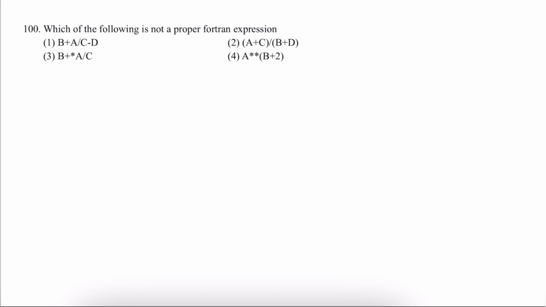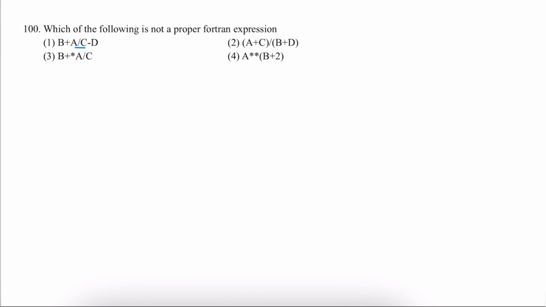In this question, option 1: first a by c is evaluated, then addition with b, and finally the result so far is subtracted from D. So option 1 is a proper Fortran expression.